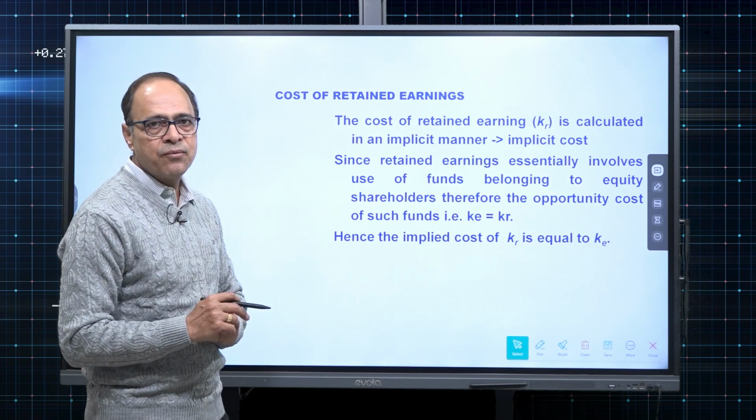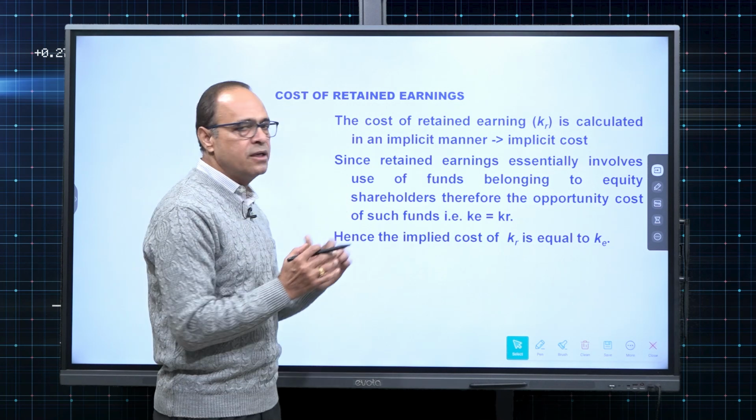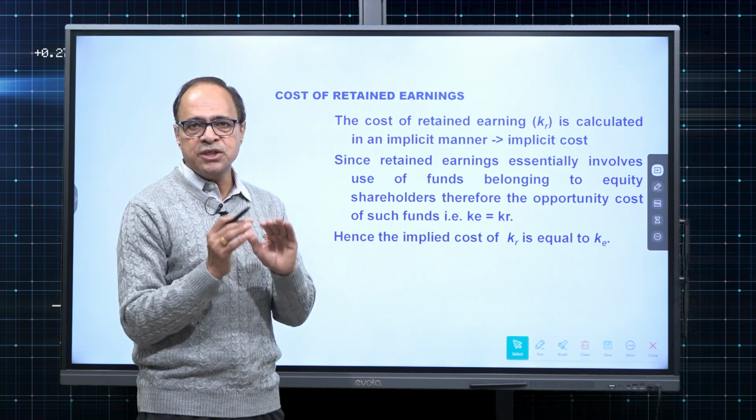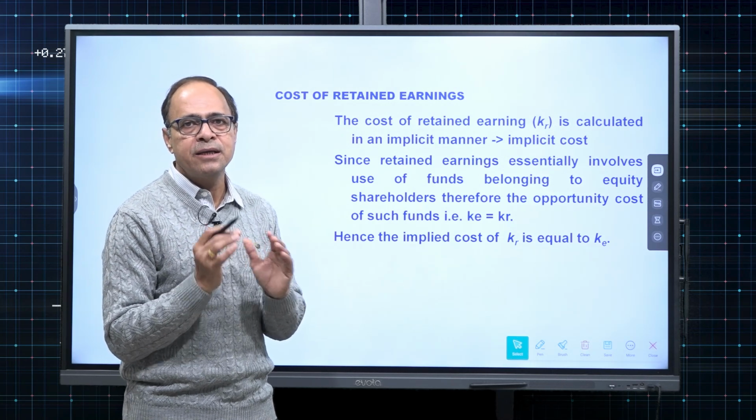Then lastly we have cost of retained earning. Now, cost of retained earning is calculated in an implied manner, because there is no direct way to calculate cost of retained earning. Now, implied manner is simple.